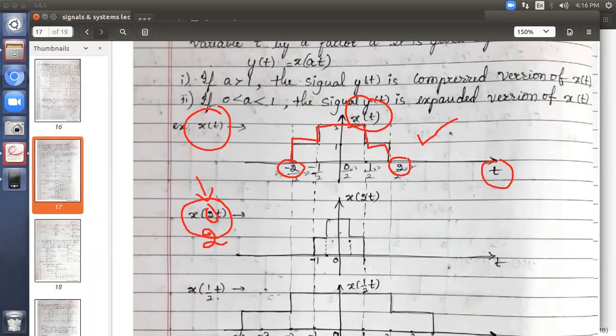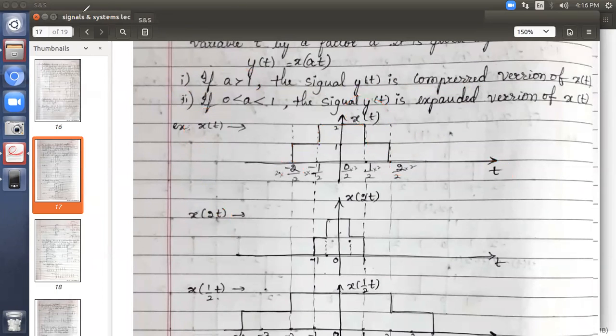So which one will apply, first one or second one? The first condition will apply, a greater than 1, because the value of a is 2. So we know that if the value is greater than 1, then you will get a compressed version, right? So how to get this compressed version? Let's see. What you have to do is, whatever signal I have drawn here, let me show you here. One more time I will draw.